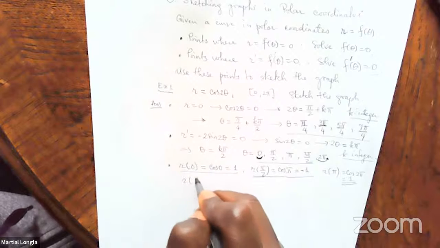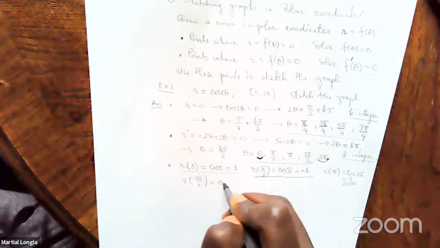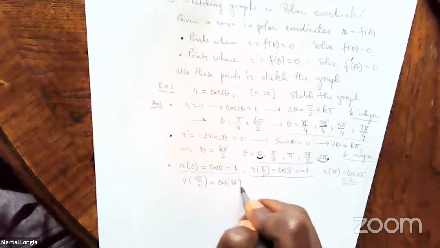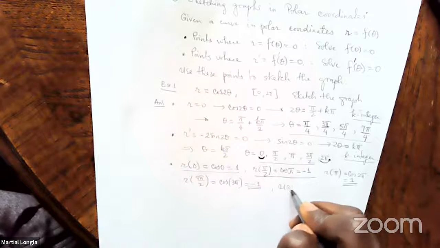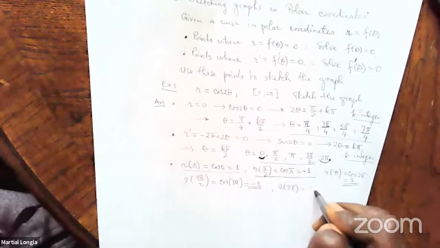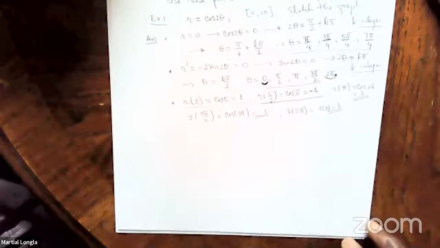And R of 3 pi over 2, that's cosine of 3 pi, that's minus 1. R of 2 pi is R of 0, which is 1. So these are the points that you have.